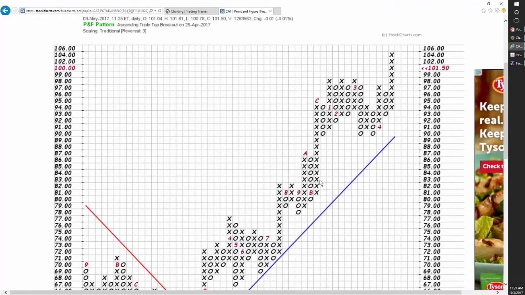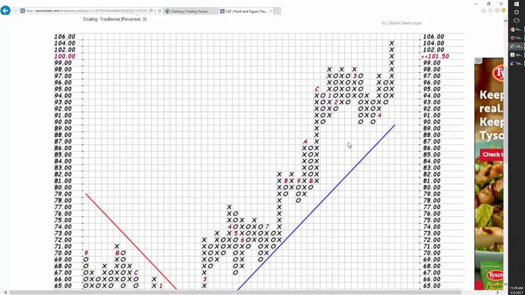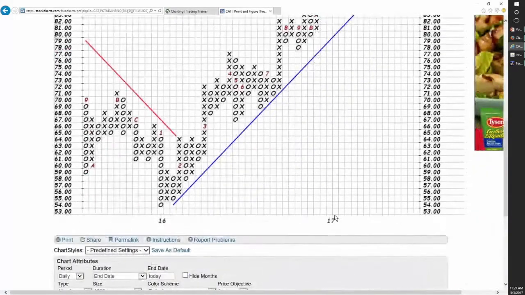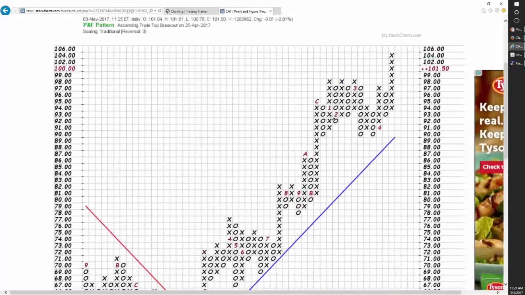B represents the beginning of November. C represents the beginning of December, and then we start all over: January, February, March, April of 2017. And as you can see at the bottom of this chart, 2017 started on January. So I hope that answers your questions. So I like using point and figure charts because they can show me even better lines of support and resistance.